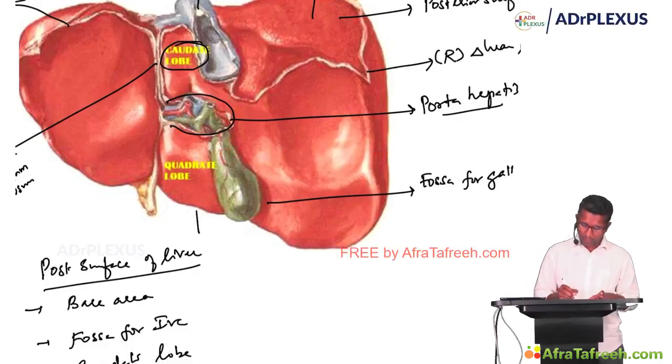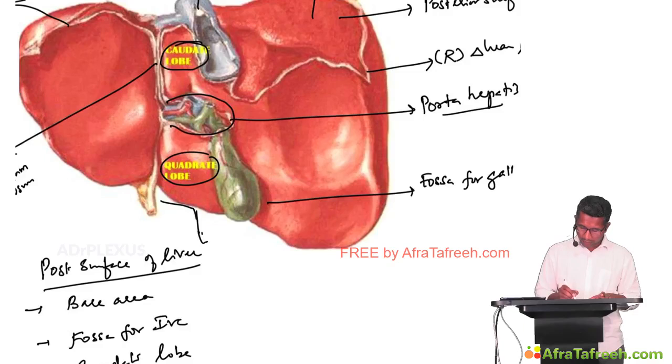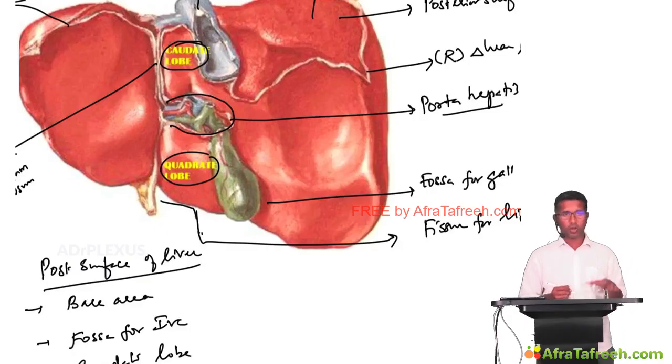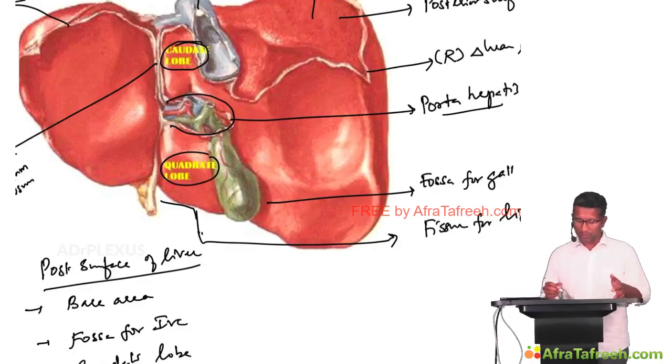This lobe is called the quadrate lobe, and just medial to it you get a fissure, called the fissure for ligamentum teres hepatis, which lodges the ligamentum teres.